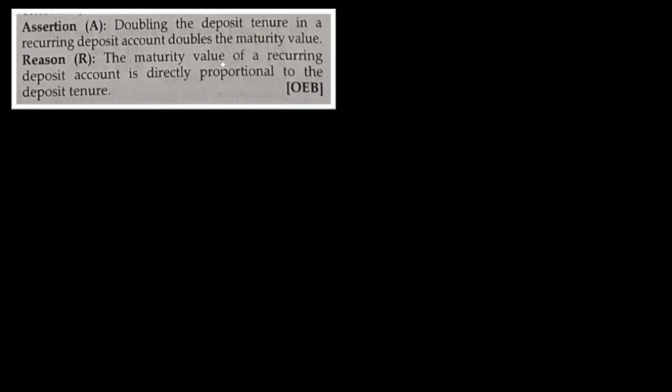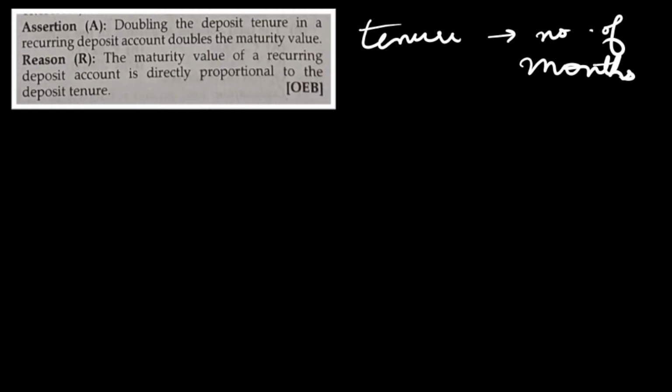So what does it mean? It means if you double the deposit tenure, meaning number of months. Tenure here it means number of months. So if number of months we doubled, suppose earlier the number of months are 12, now we made it to 24.